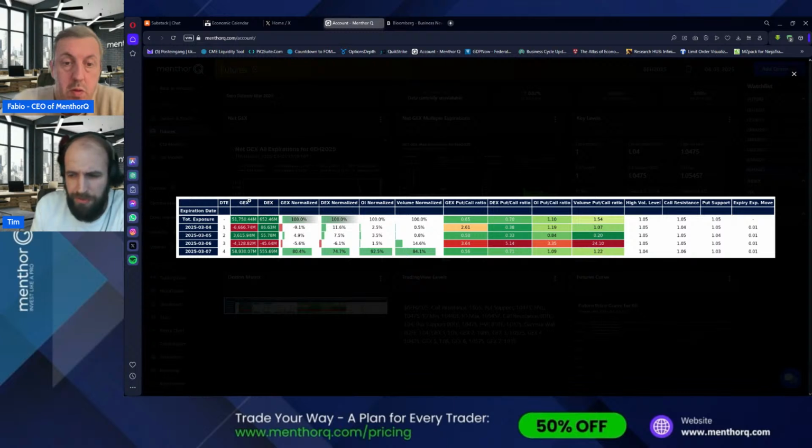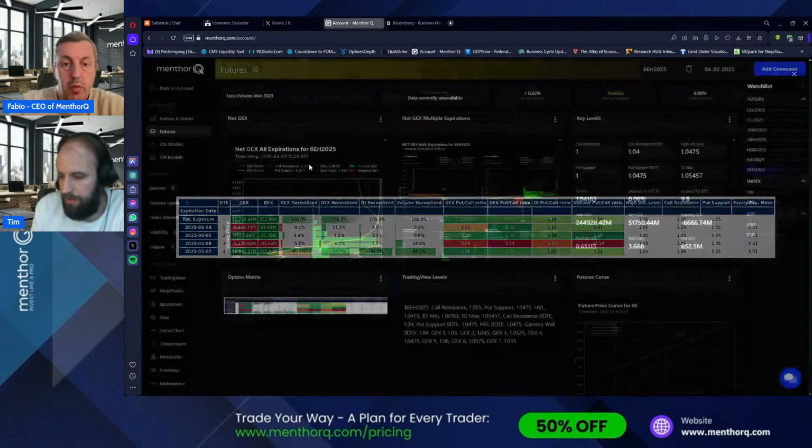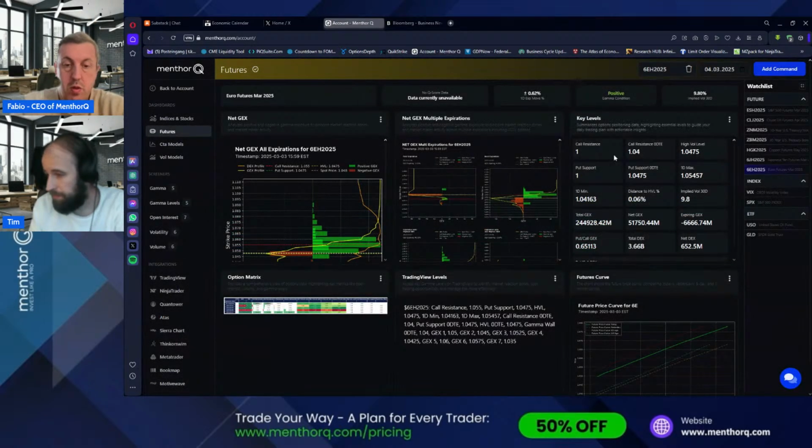It's pretty healthy, right? You have those days red here. It does not mean the FX future goes down. It just means more volatility. Let's keep it to this. But overall, we can see, okay, it looks kind of positive. Then it shows you also the key levels, but we will discuss this in the chart.